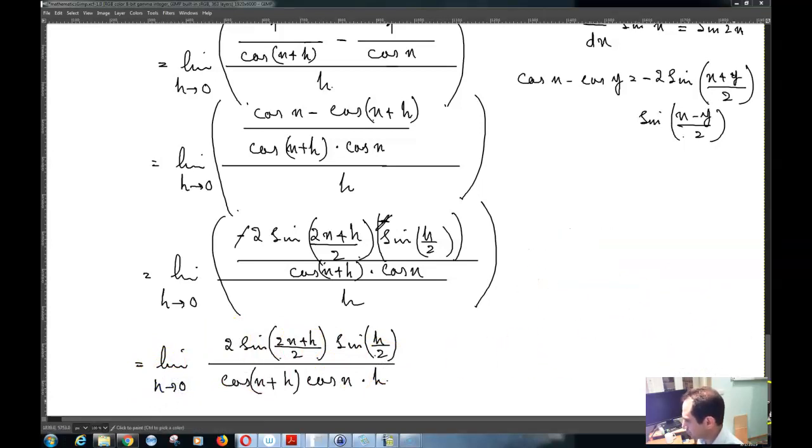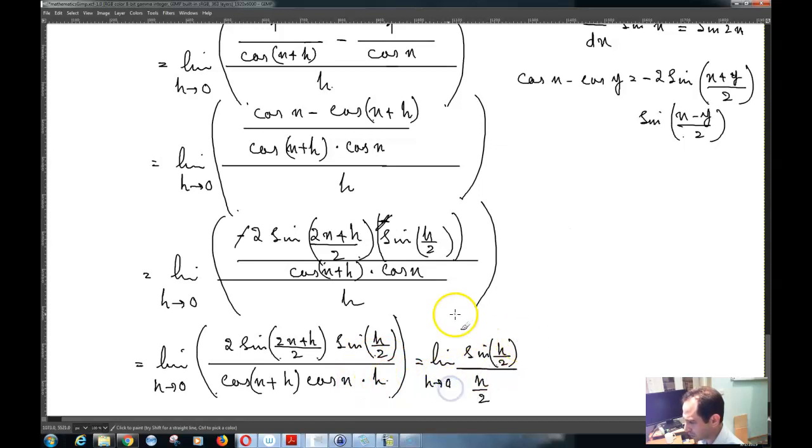Then you could write this as the limit of sine of h divided by 2, divided by h divided by 2. This 2 comes to the denominator and this becomes h divided by 2 as h tends to 0, and this becomes a 1.